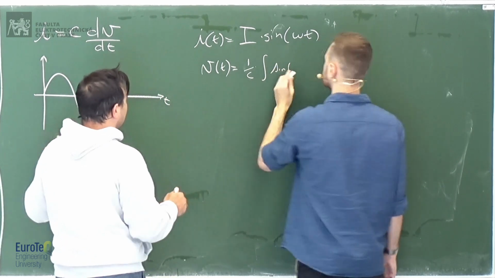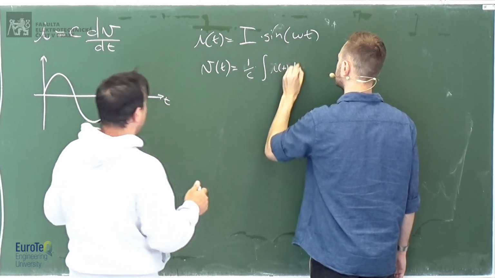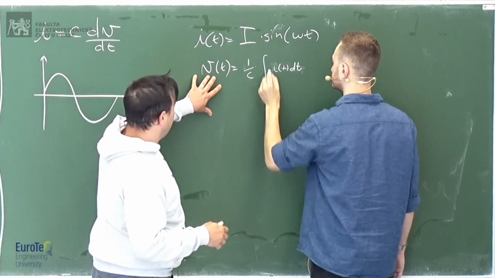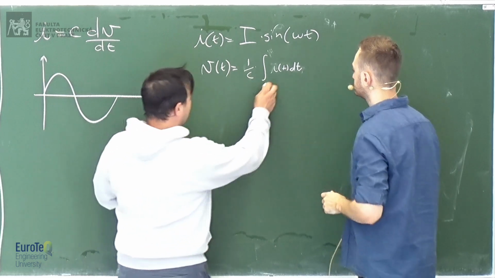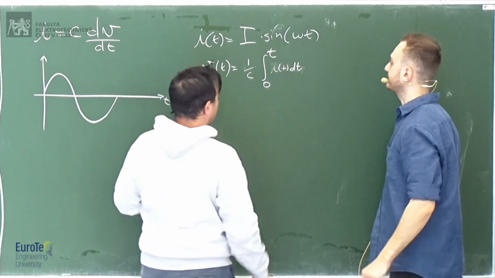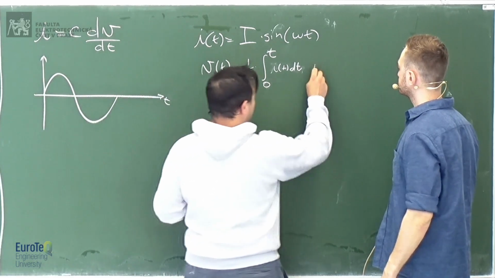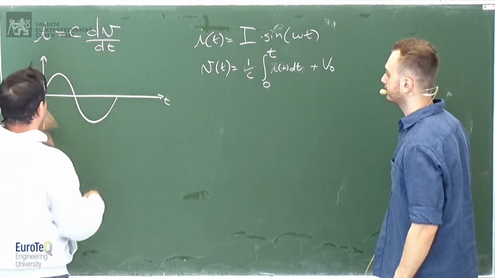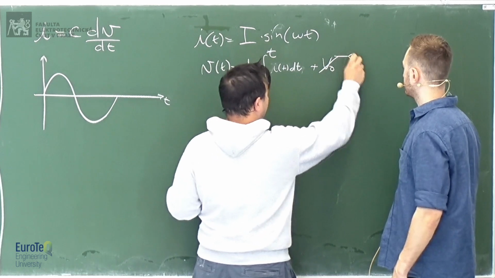Just write I of t. Let's not skip equations. So from 0 to t. If I want the voltage, plus the voltage of the capacitor at time 0, but let's say that the capacitor is discharged, so we can remove that.